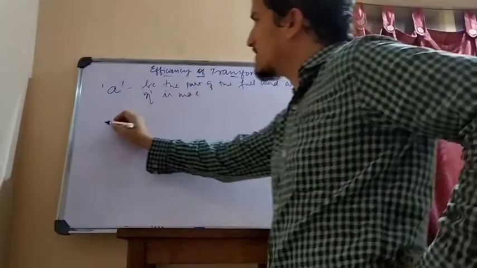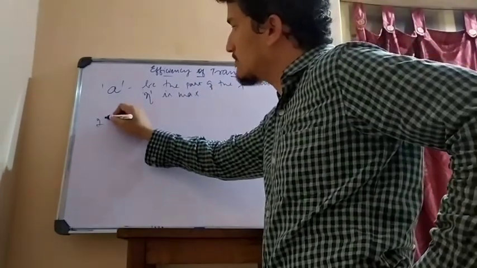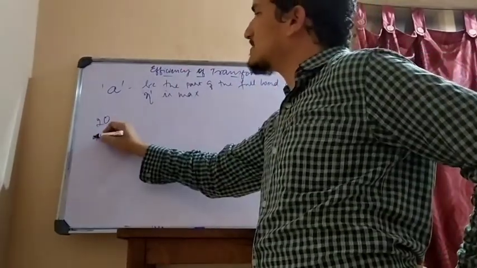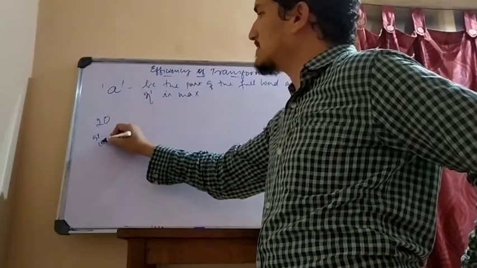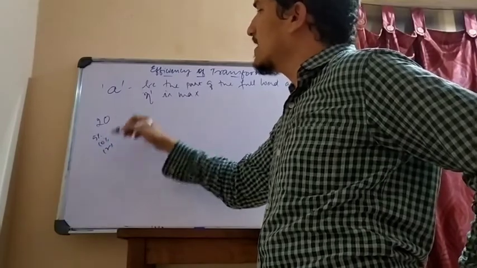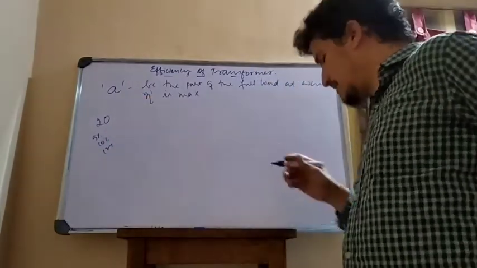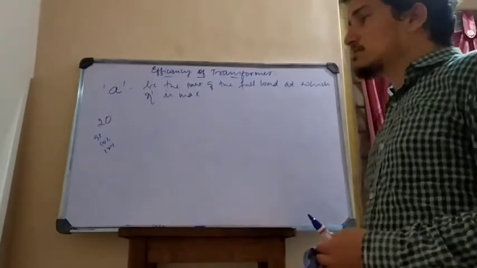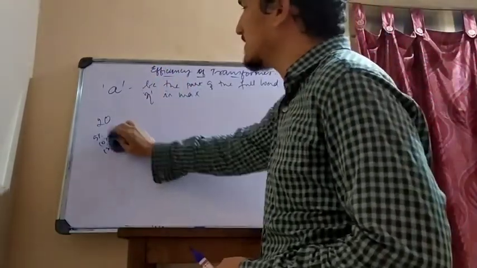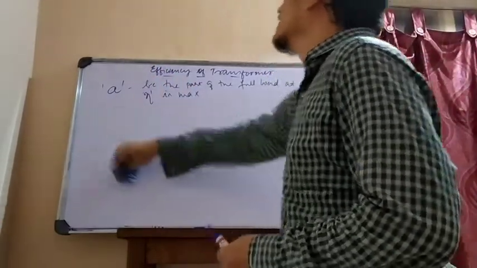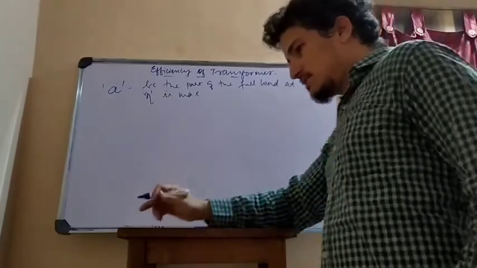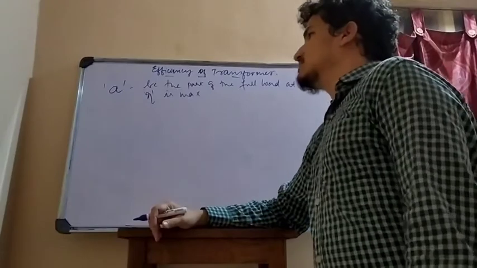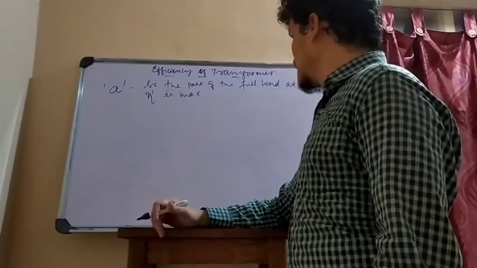Suppose the transformer full load kVA is 20, say for example, whether at 5% of 20, 10% of 20, 12% of 20, at what percentage of the 20 is efficiency maximum? That is nothing but A, which I am defining. So A is the part of the full load at which the efficiency is maximum.